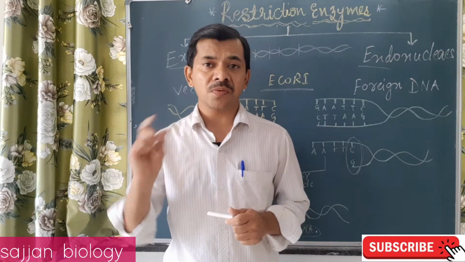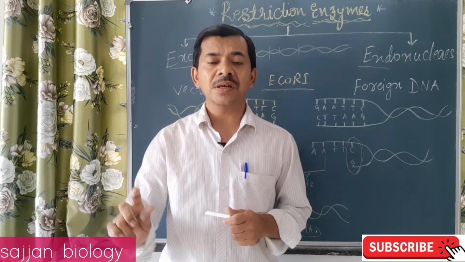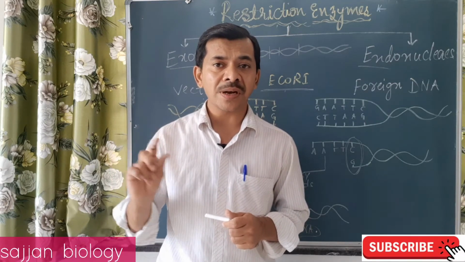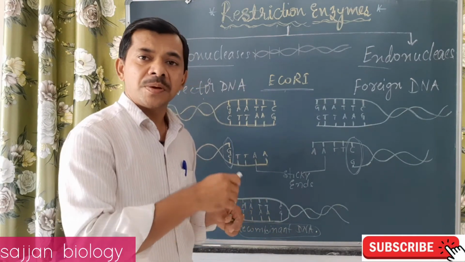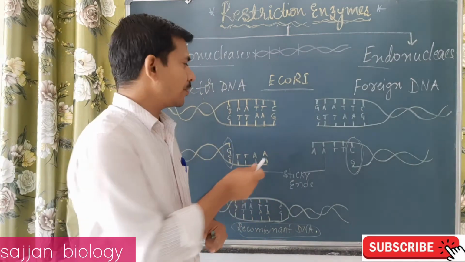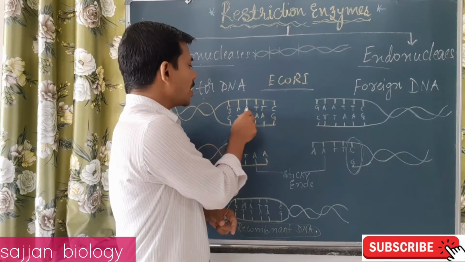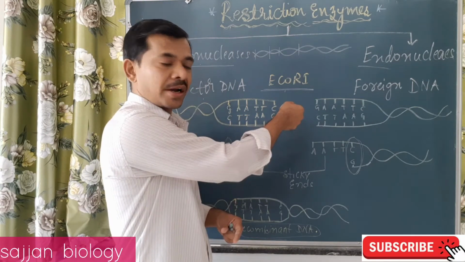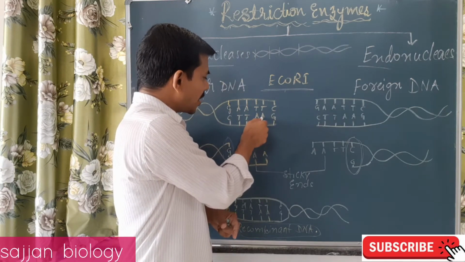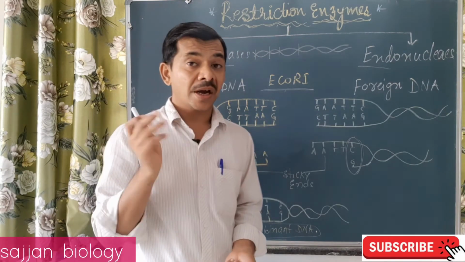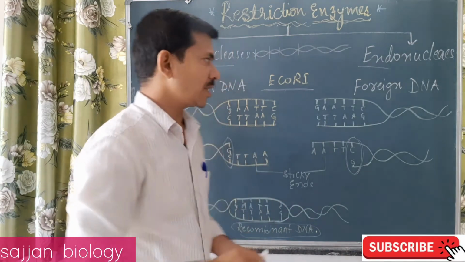When the restriction endonuclease identifies a sequence in the DNA which is the same in both directions, this is the forward direction and this is the backward direction. GAATTC in the forward direction, and in the backward direction you can see the same GAATTC. Such sequences are called palindromic sequences.